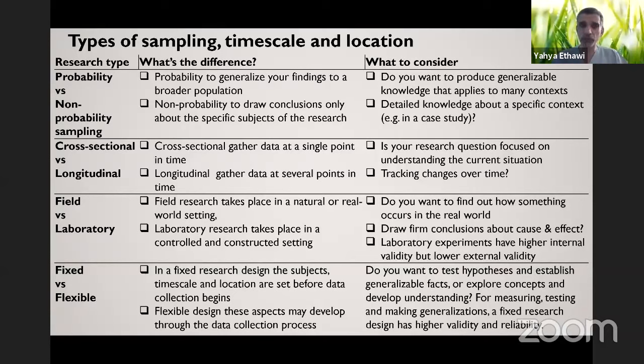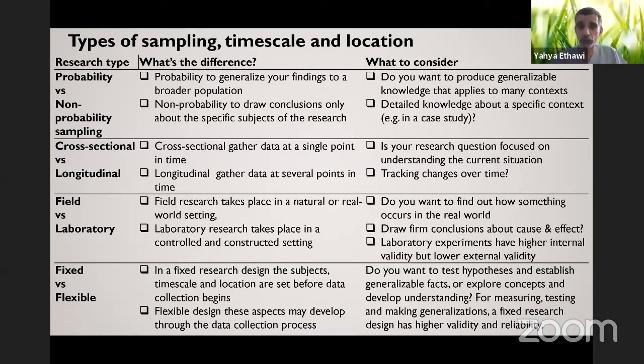While with non-probability, you just draw conclusions on that subject, on that sample. You cannot generalize it, because you are not randomizing. So if you want to generalize your conclusion on a large population, you need to do probability. If you just want to know the details of the problem, then you do non-probability.